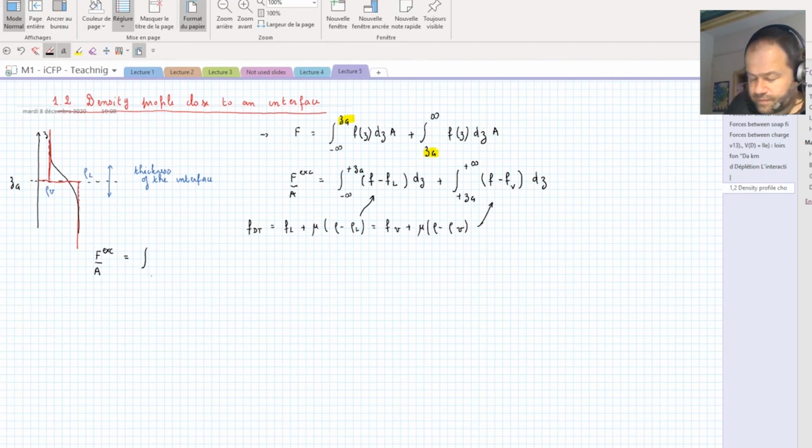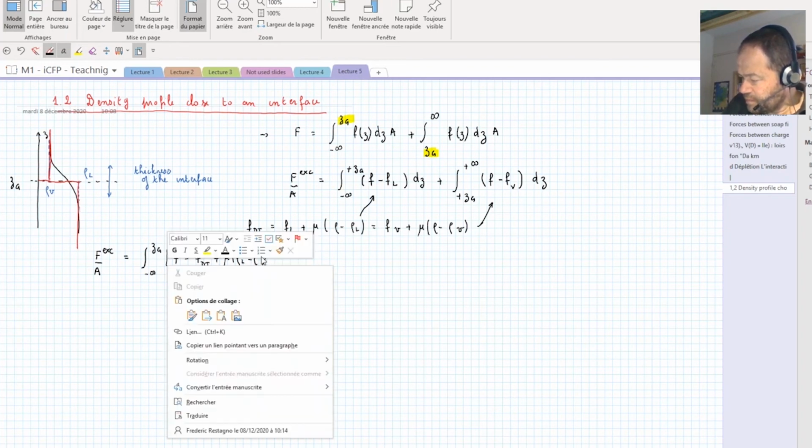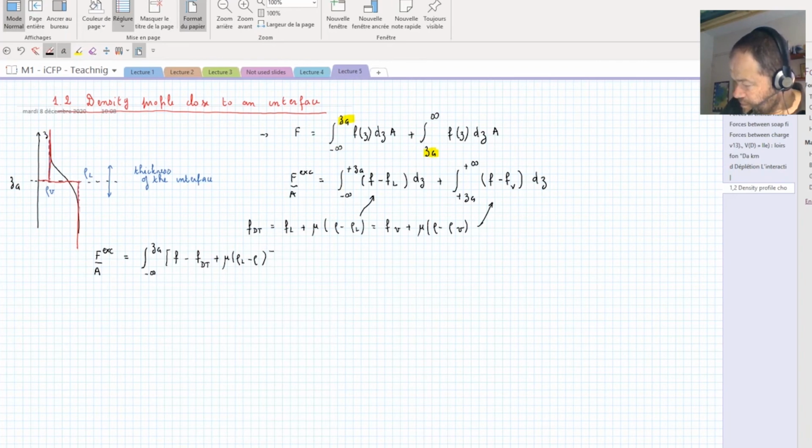is simply the integral from minus infinity to z_G of f minus f_L, which is f minus f double tangent plus mu (rho_L minus rho) dz, plus the integral from z_G to infinity of f minus f_DT plus mu (rho_V minus rho) dz.